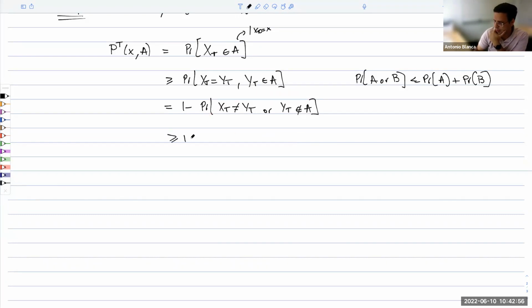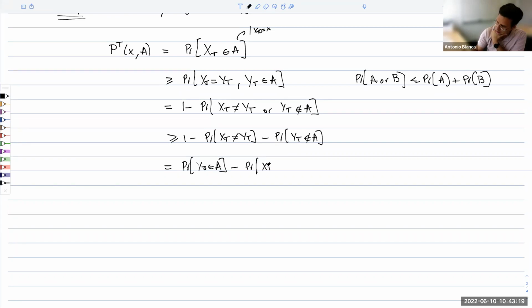So this is 1 minus the probability that xt does not equal yt, minus the probability that yt is not in A. And this is equal to the probability that yt is in A, minus the probability that xt does not equal yt. Okay, so we're almost there.